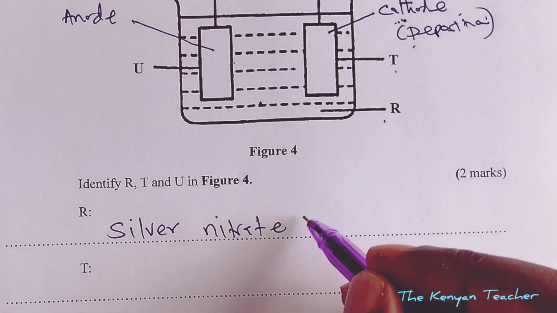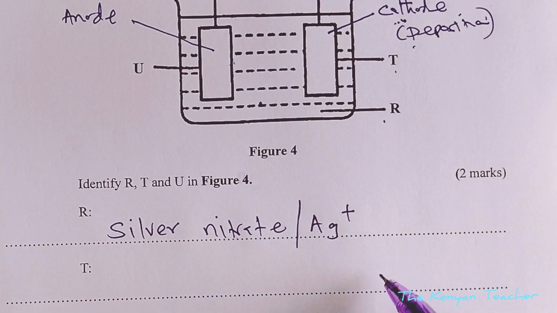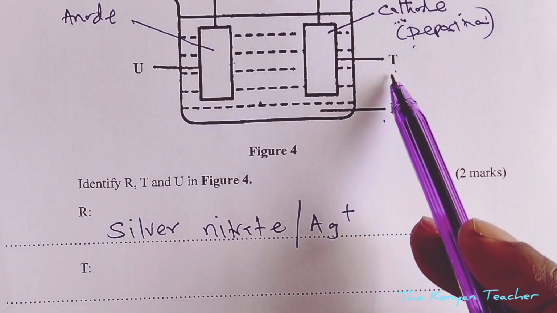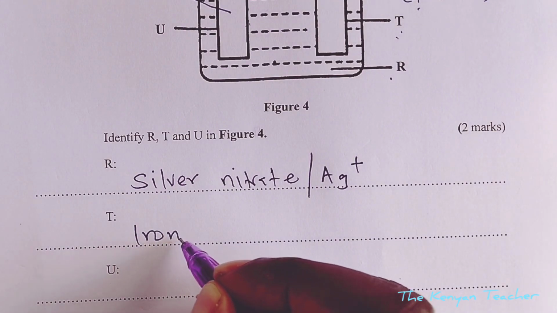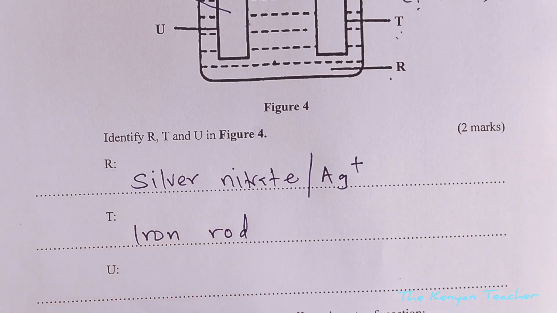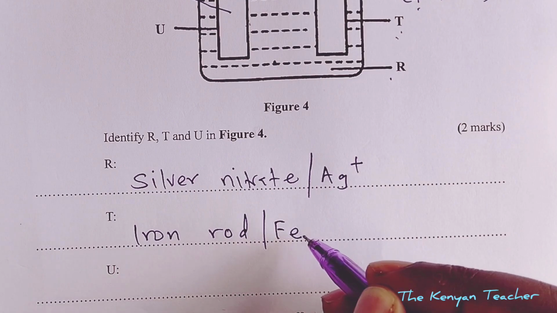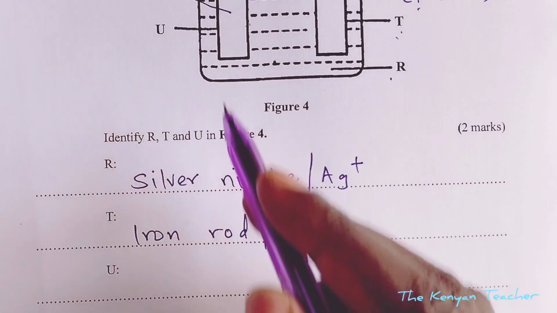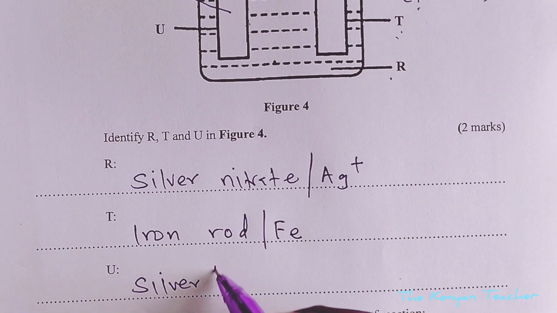So silver nitrate will do, but writing silver ions would be good enough for 1 mark. T is the cathode, and we've agreed this is where we shall place our iron rod. You can use symbols for the iron. And lastly, U is our anode. That would be your silver electrode. You can use symbols for it as well.